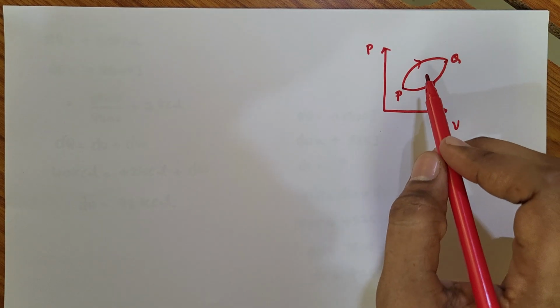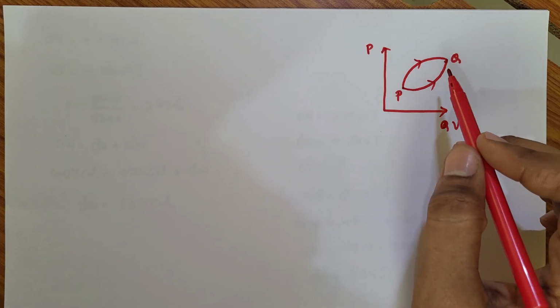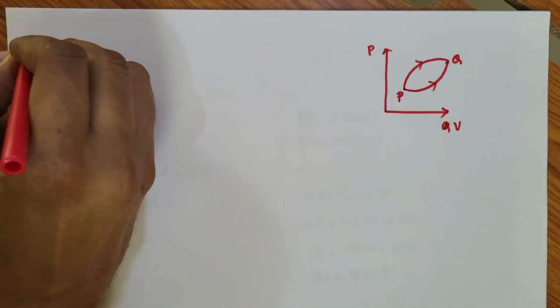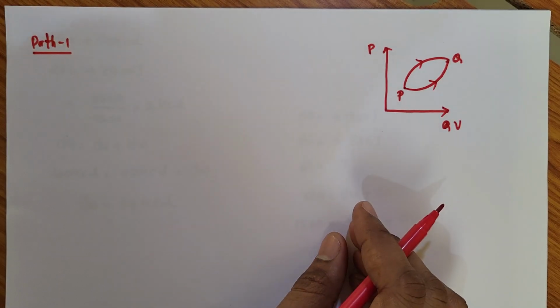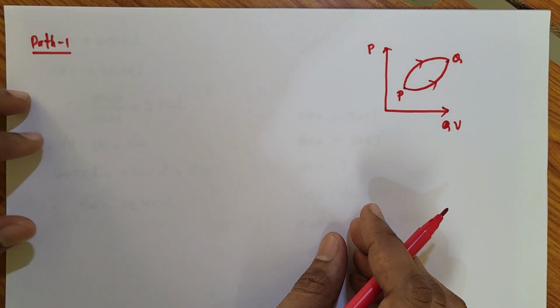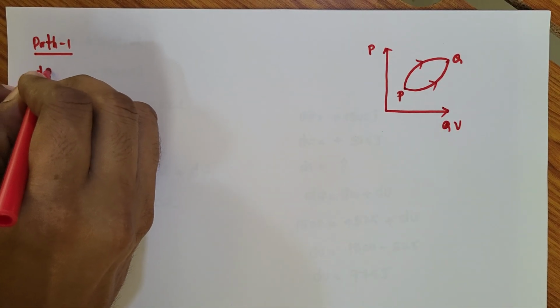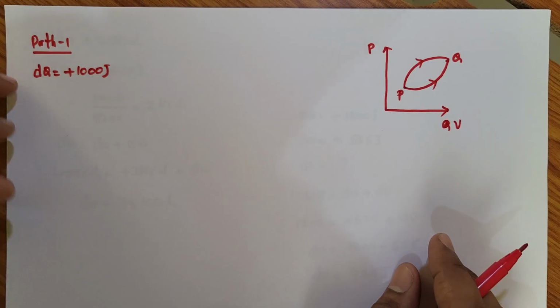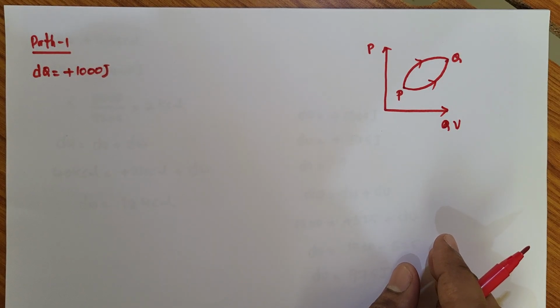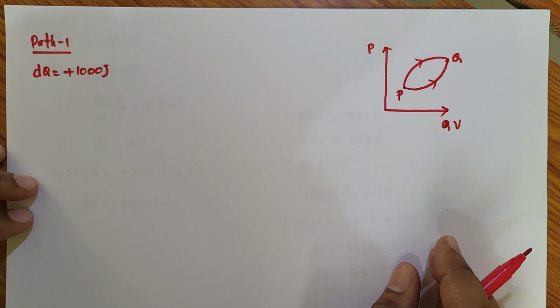While it is reaching from P to Q through path 1, the heat given to the system is 1000 joules. So dQ is equal to plus 1000 joules. Work done by the system along path 1 is more than path 2 by 100 joules.